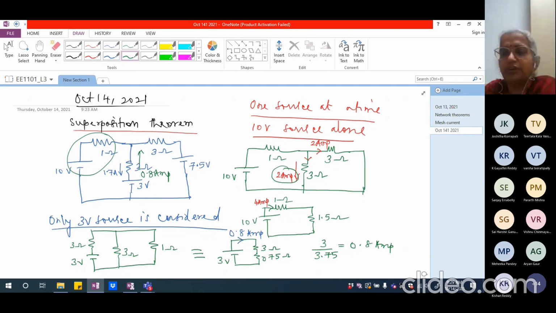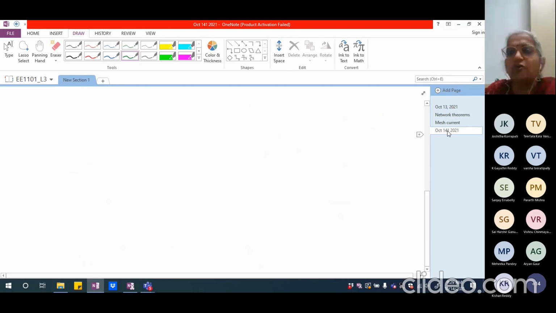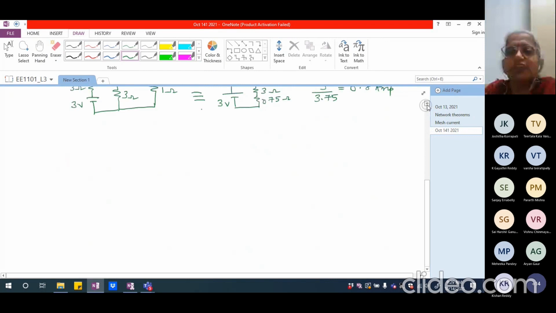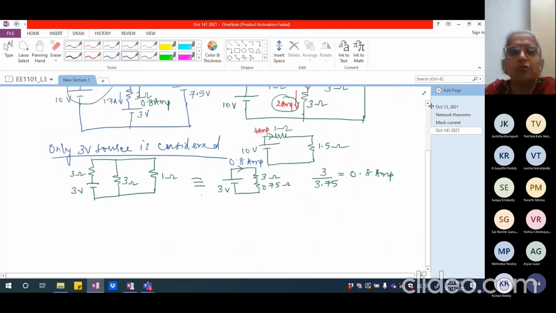Now, let me look at what happens with the third voltage source, the 7.5 volt source. I am going to consider only the 7.5 volt source.